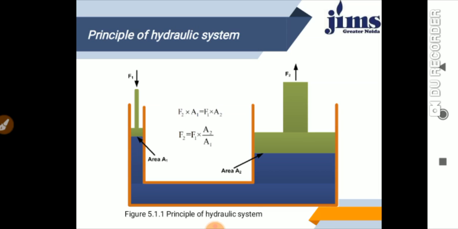The area enclosed by that piston is A1, and the area enclosed by the other piston is A2. That pressure is imparted to the other piston, which will move outside with a force F2.